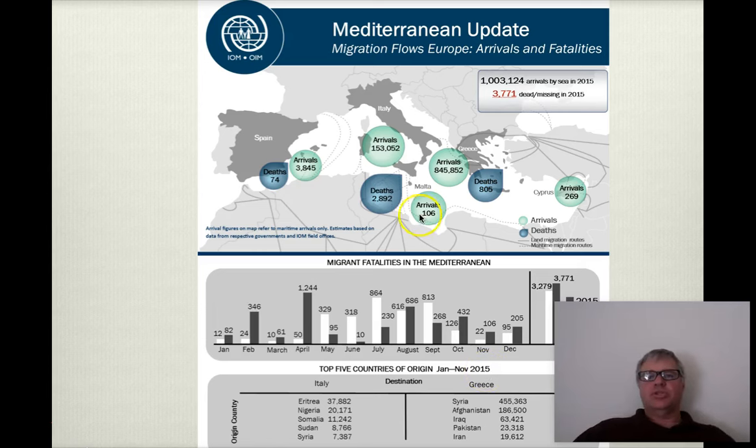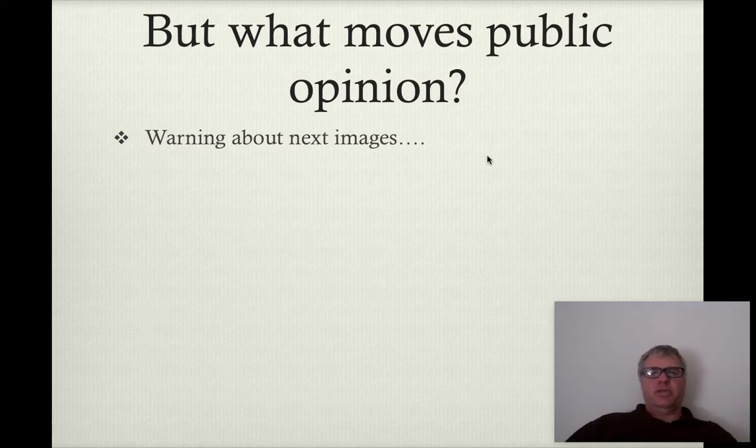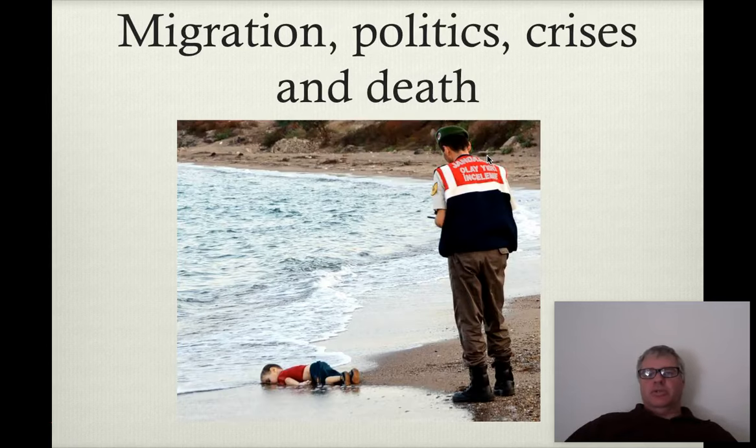And you can see that the majority of deaths are happening here in the central Mediterranean, of people trying to cross from Africa into Italy, but there have been deaths out here in Spain, as well as deaths over here coming into Greece. In 2015, there was the death of a small 3-year-old child trying to migrate from Turkey into Greece.